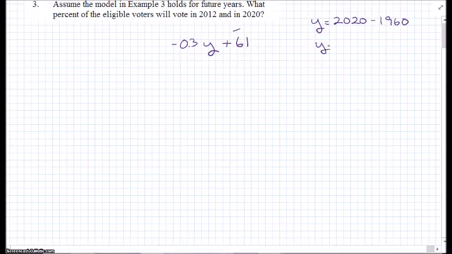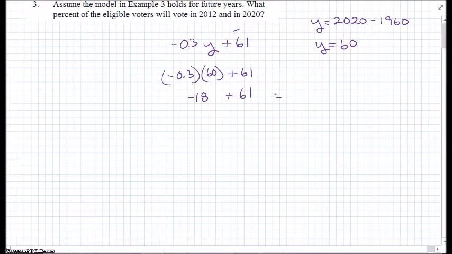So our y value here is going to be 60. So it's going to be negative 0.3 times 60 plus 61. So it's going to be negative 18 plus 61. So you do the math, that's going to just be 43%. Easy enough.